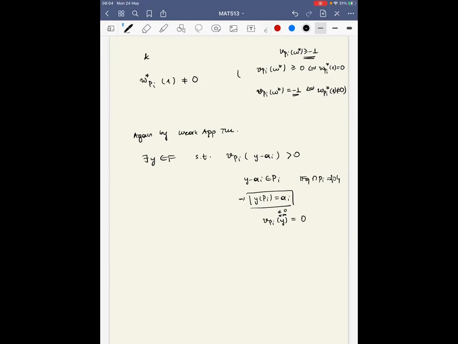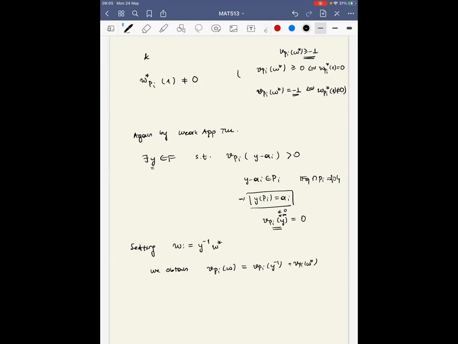And again, thanks to this choice, now we set a Weil differential omega as the multiplication of the inverse of y times omega star, and we obtain v_Pi of omega as v_Pi of y inverse plus v_Pi of omega star.